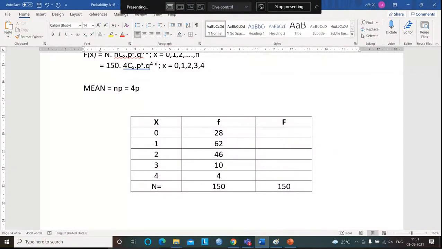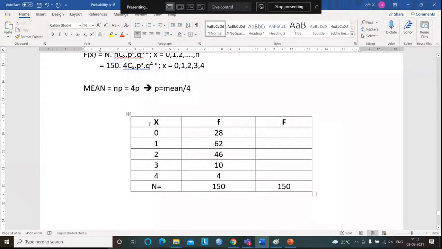That means if I wanted to know the value of p, then p is equal to, if I take 4 to the other side, mean divided by 4. If I do mean divided by 4, I get the value of p. But where do I get the mean value?